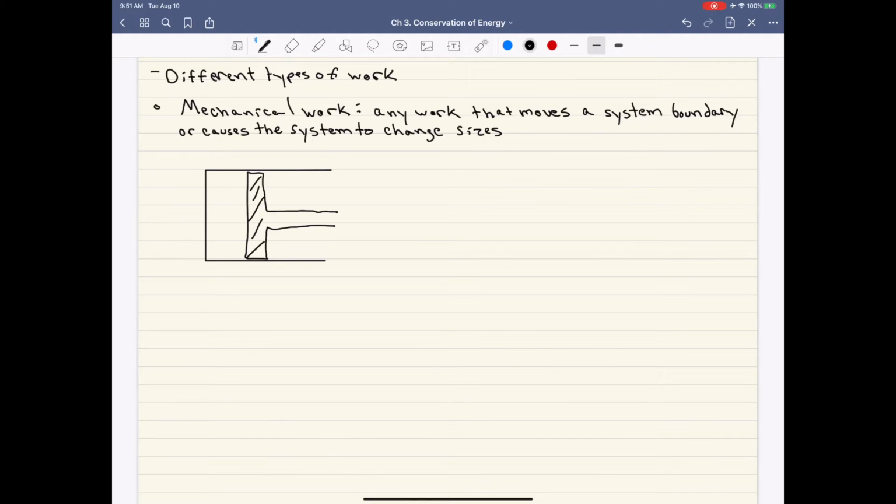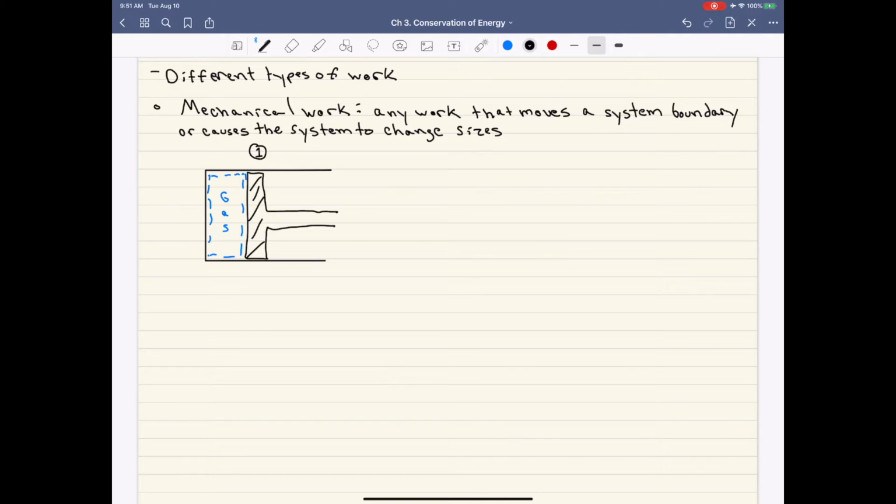And so between the end of the cylinder and the piston, we're going to have a gas. And here are the system boundaries of that gas. Right? And so we'll call this the initial state.